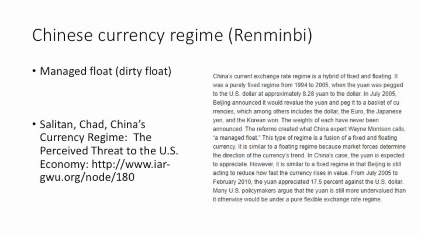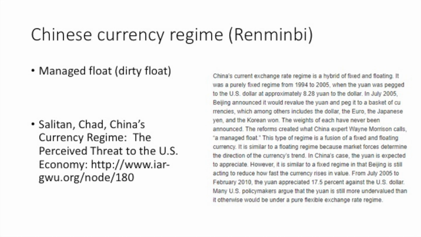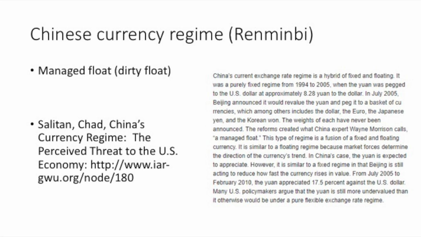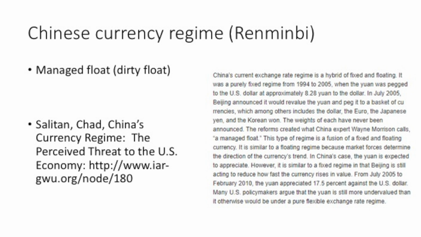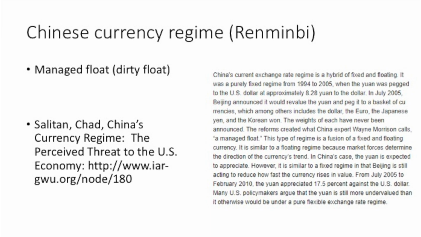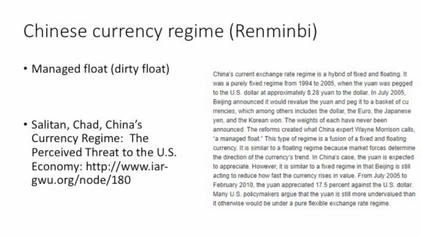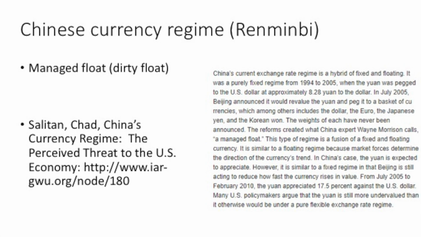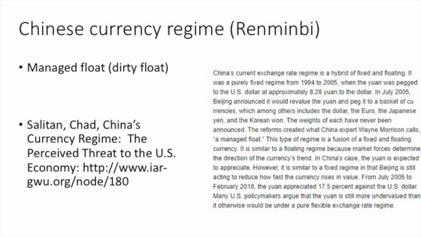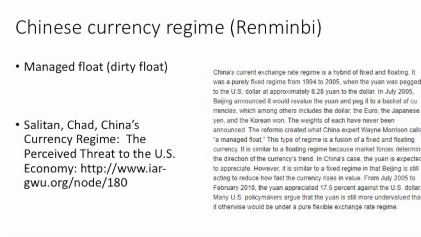The Chinese currency, the renminbi, is a managed float or a dirty float, and here you see an article listed. This is on our website as well. You can go to that website and look at that article. Here's what the very first paragraph says: China's current exchange rate regime is a hybrid of fixed and floating. It was purely a fixed regime from 1994 to 2005, with the yuan pegged to the US dollar at approximately 8.28.